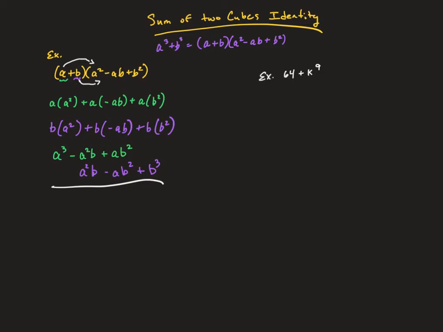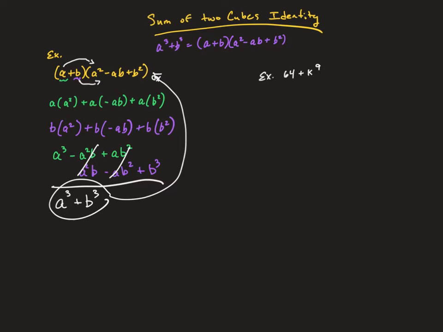And when I combine like terms, these are going to cancel out to 0, these are going to cancel out to 0, and I'm just going to bring down my a cubed plus b cubed. And there we go. I was able to prove that identity by working through it.